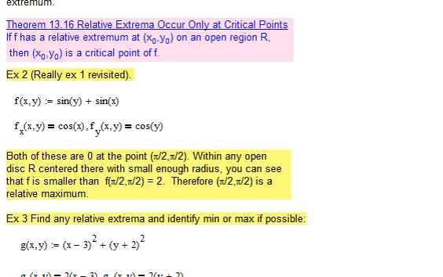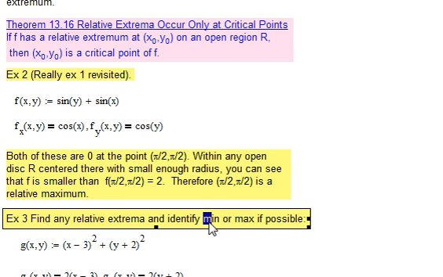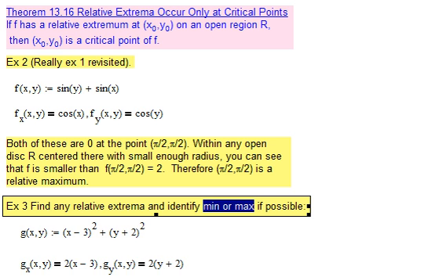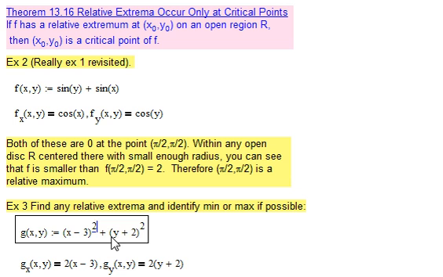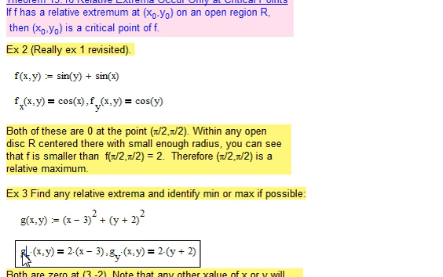Find any relative extrema and identify as min or max if possible. For this example, g of x, y is (x minus 3) squared plus (y plus 2) squared. The derivative of g with respect to x is 2 times (x minus 3).